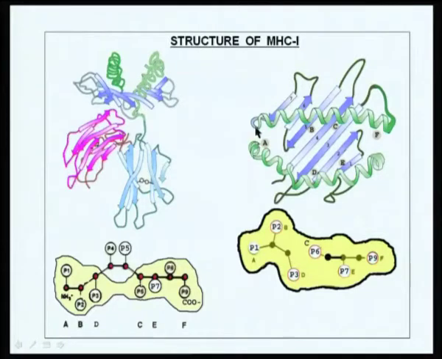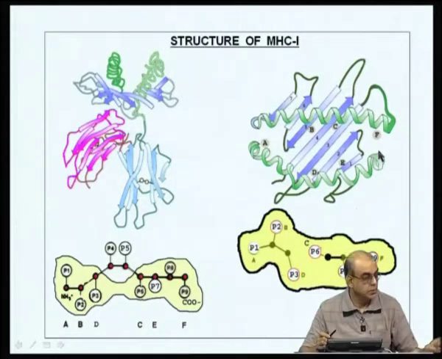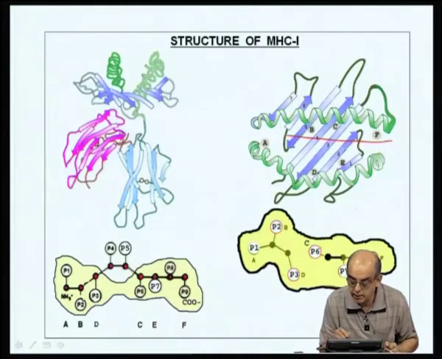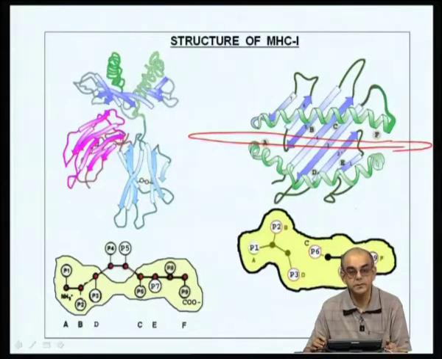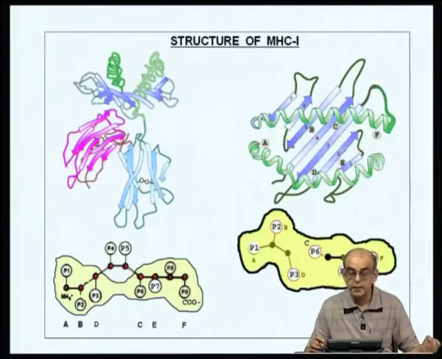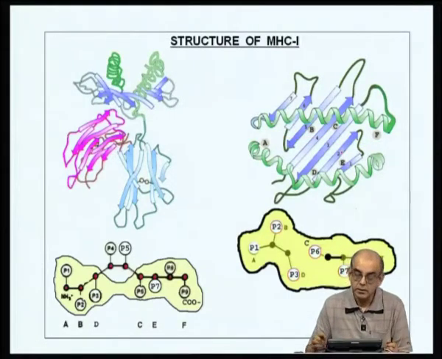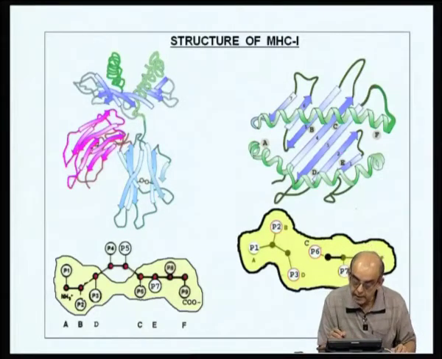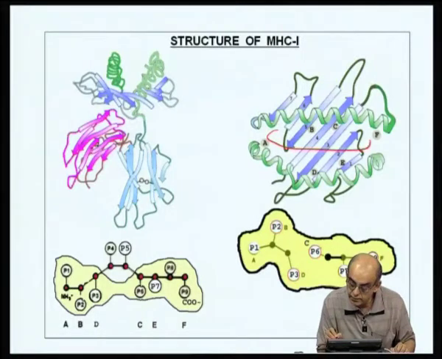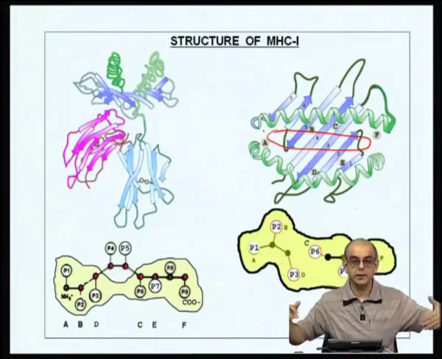In other words, the distance between these two ends is a little farther apart, and as a result a peptide can sit across this groove and extend beyond the alpha helices. Whereas in the case of MHC1, the groove was closed at the ends, so the peptide had to be located within this groove and could not extend outside.